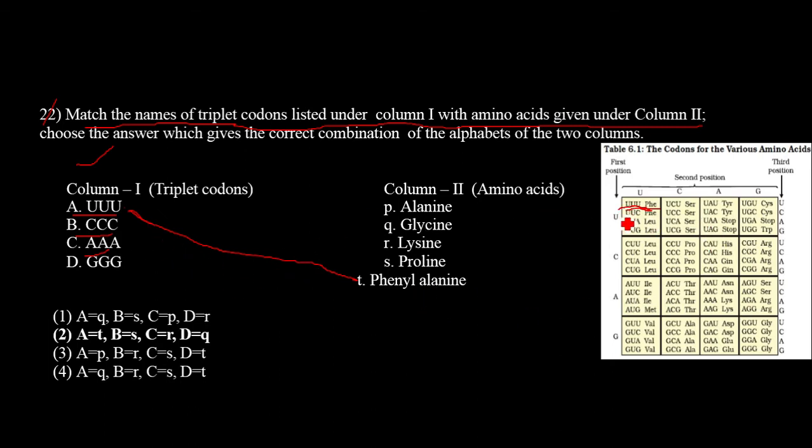Next, CCC. Find where CCC is. CCC codes for proline, Pro. Next, AAA.